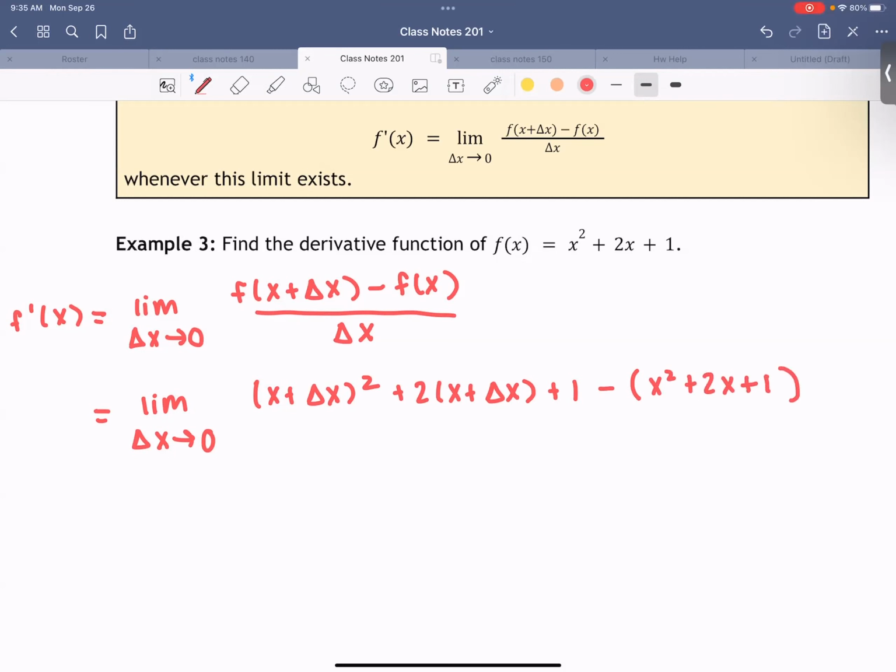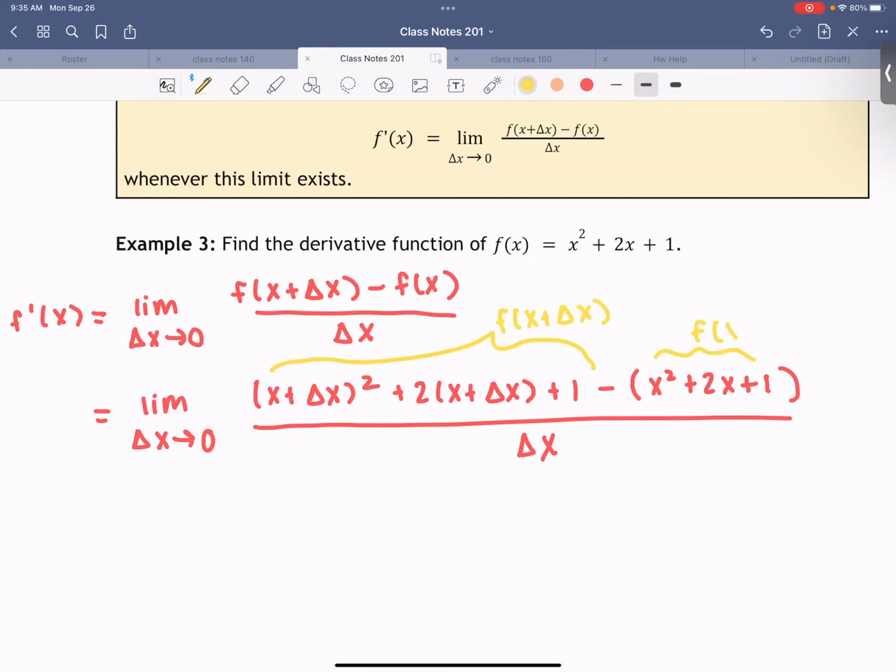I recommend putting parentheses around this thing that we're subtracting off because a lot of people mess up the signs. If you make a sign mistake, it might mess up you actually being able to get an actual function at the end. And we'll talk about that a little bit later. So what I just did is I plugged in f of x plus delta x, and this thing over here is f of x. So I'm just subtracting the two.